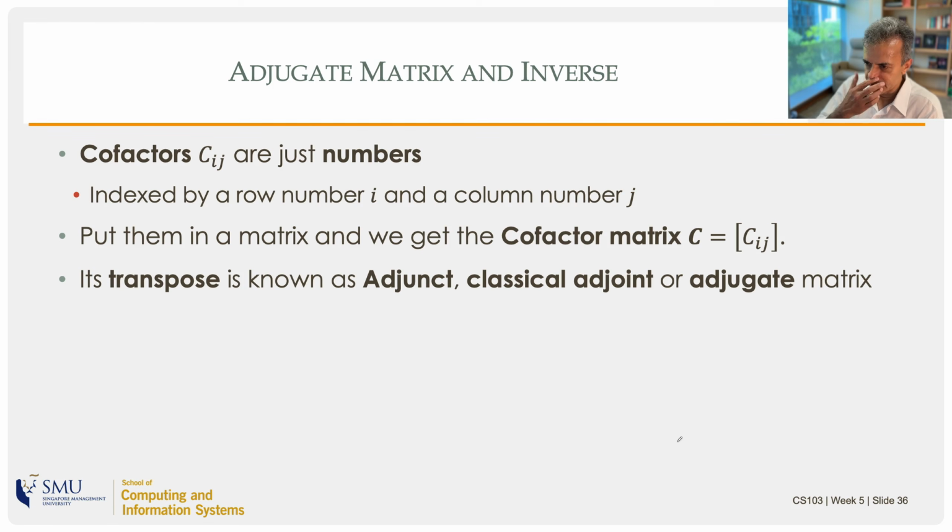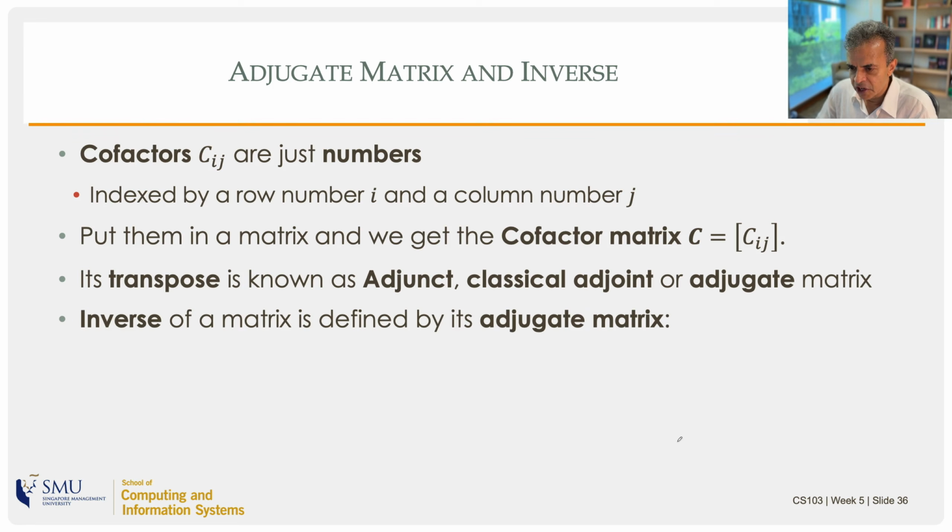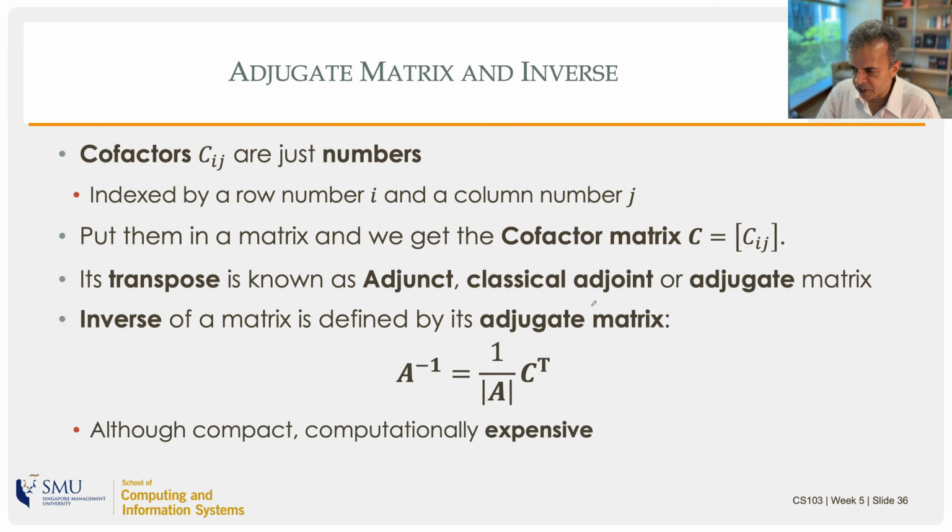But in our case, we're using it to define an inverse. You can compute the inverse using this adjugate matrix. Even though it has multiple names, we're going to use the name adjugate matrix. So the inverse of a matrix is defined by its adjugate matrix.